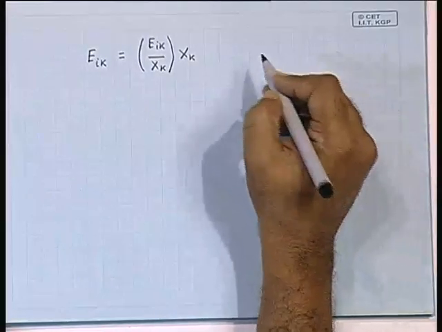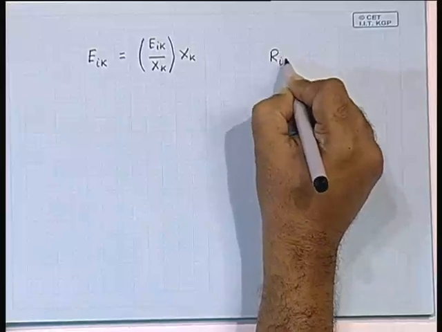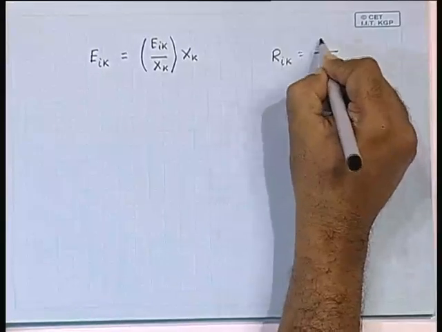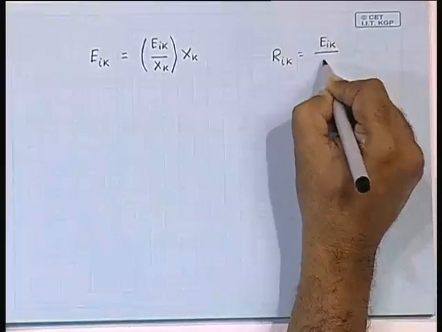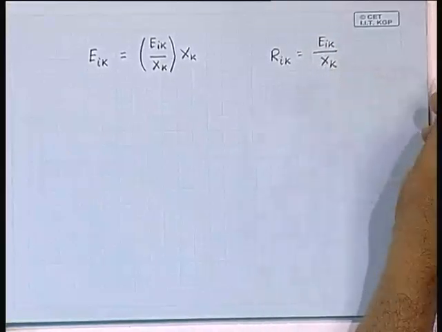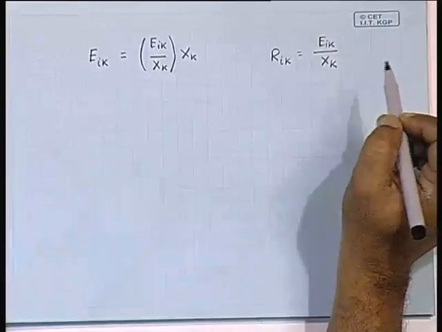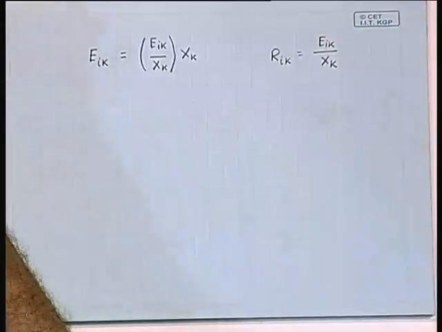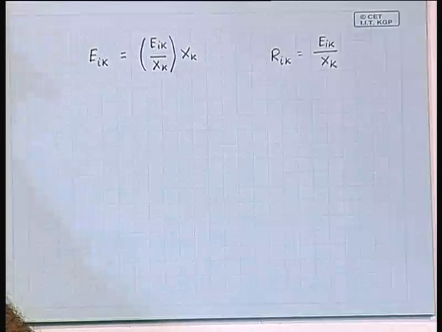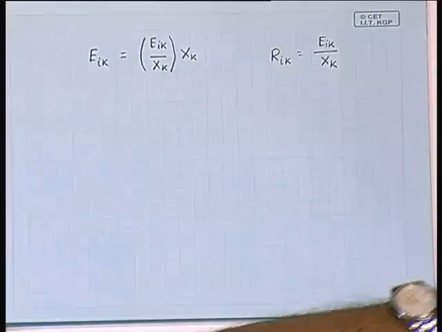So, we will call them R_Ik is E_Ik by x_k. These are the energy rows. For example, where was the data? Here.